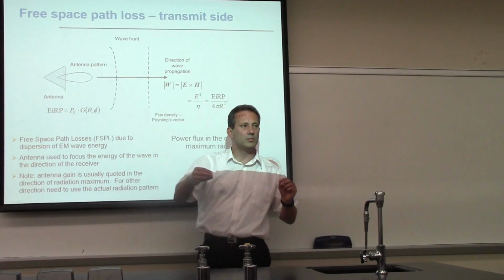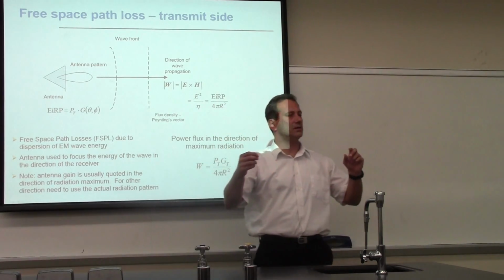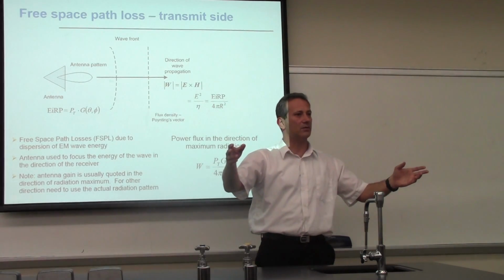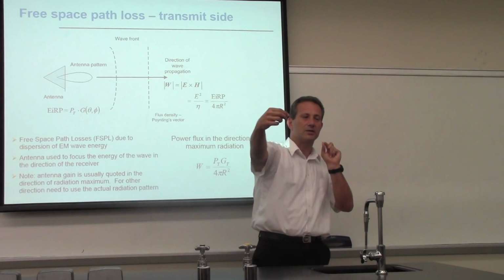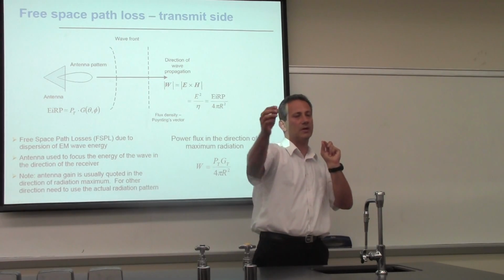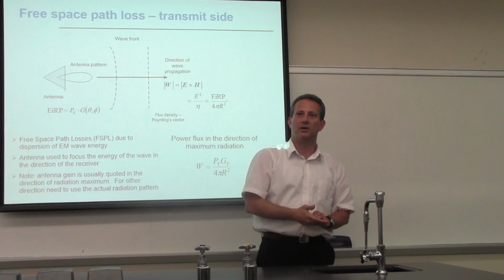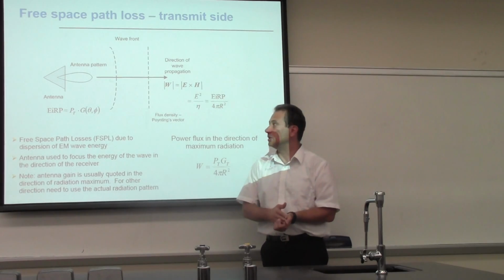So when I say EIRP of 100 watts, that doesn't mean that the antenna is radiating 100 watts everywhere. It is radiating 100 watts at the top of the main beam, and you need to align the antenna properly to actually get that particular EIRP.